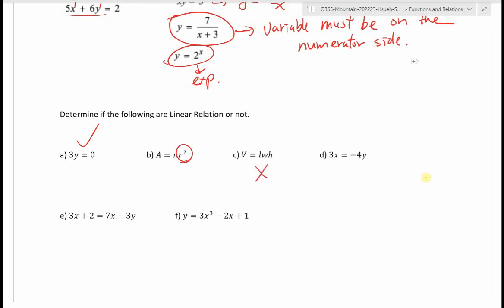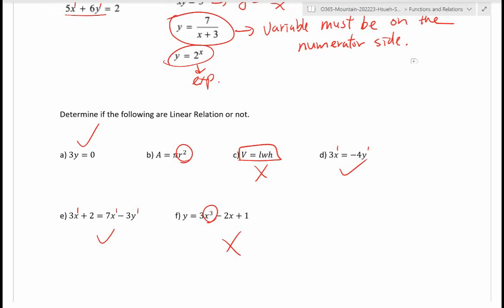This one is not. This one actually has 4 variables: V, L, W, H. This one is not; this is a cubic function. This D is okay, the variable is 1 each. E as well. Again, the exponents for each variable are 1, and they all appear on the numerator side. This one is not, again, because the exponent is not a 1.